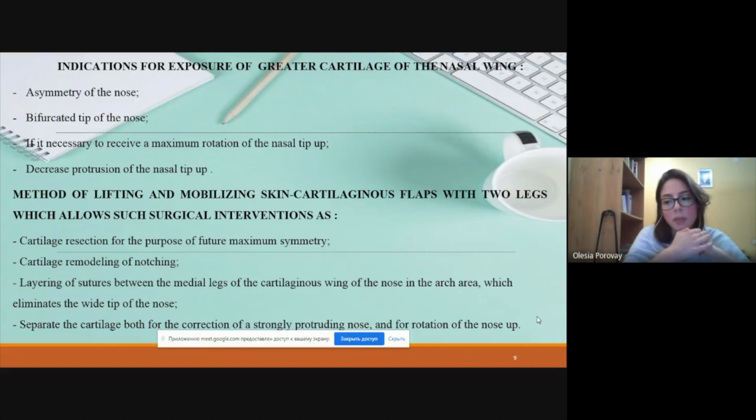We developed in our clinic our own technique, making a bordering section along the caudal edge of the lateral crus with its transition to the medial, which allows the surgical intervention you can see right now.